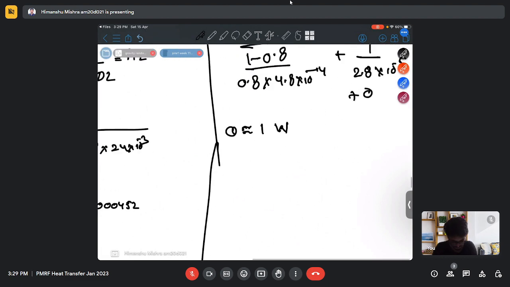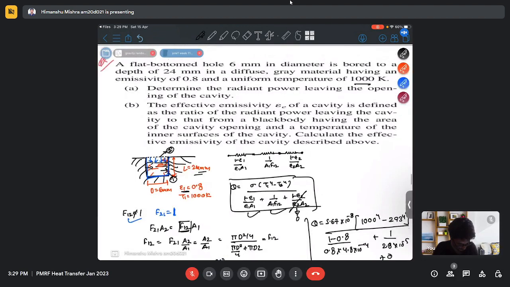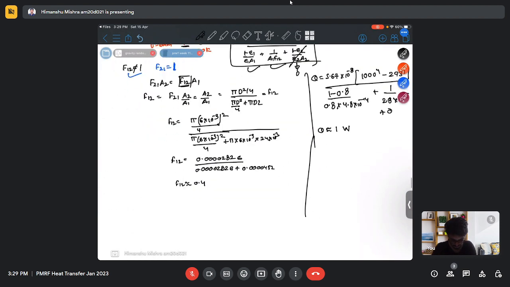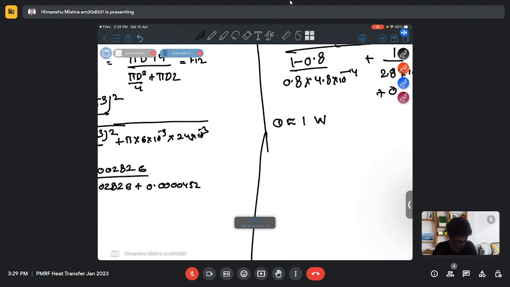Now in the second part, we have been given the definition of effective emissivity, which is the heat transfer that we have found divided by the black body heat transfer. So the effective emissivity will be Q by sigma T1 to the fourth times A2.